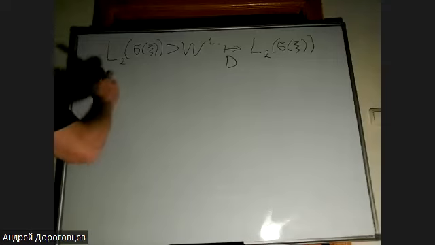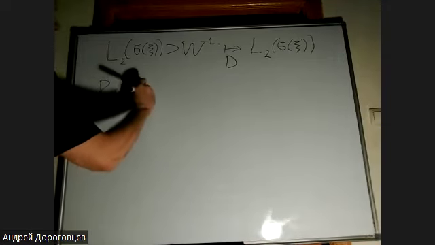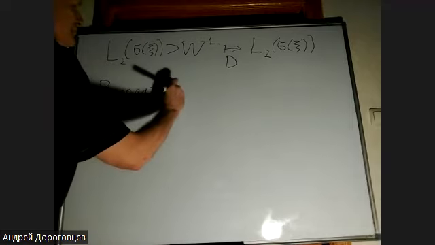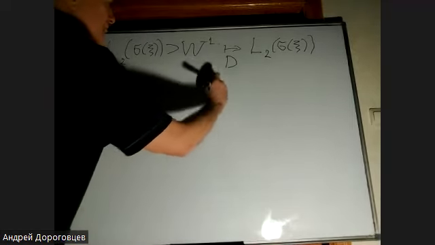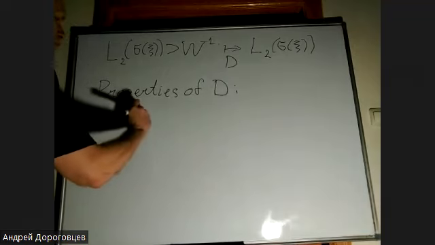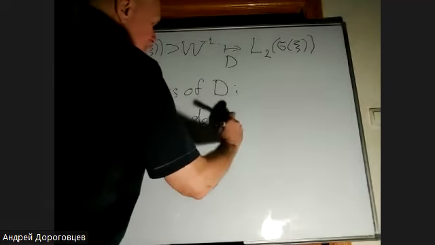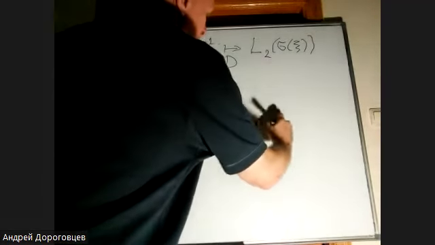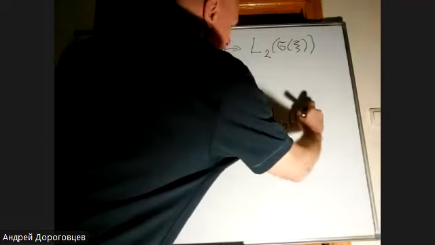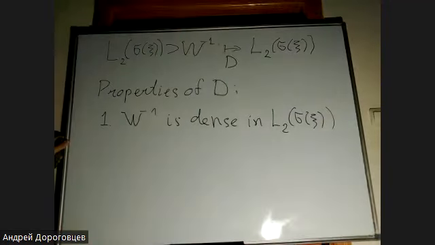Namely, W1 is dense in L2(Σ). Why does it happen?